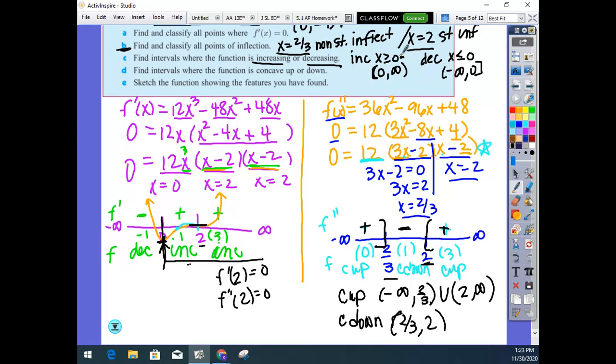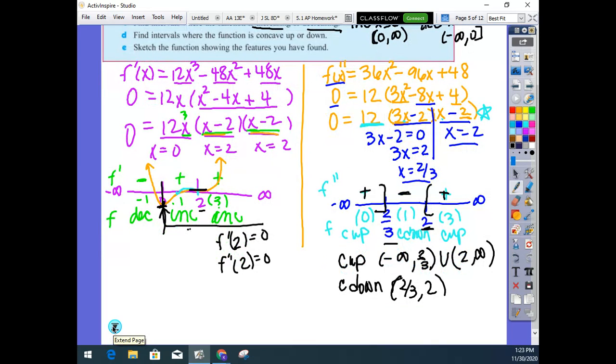All right, and finally sketch the graph. All right, so first of all, I'm going to include 0, -9 as my y-intercept. All right. Then at 2, I don't know, they actually created a nice little chart. 0 was -9.